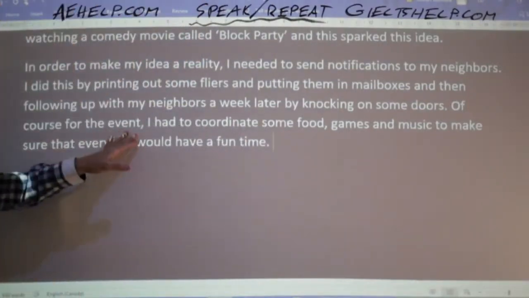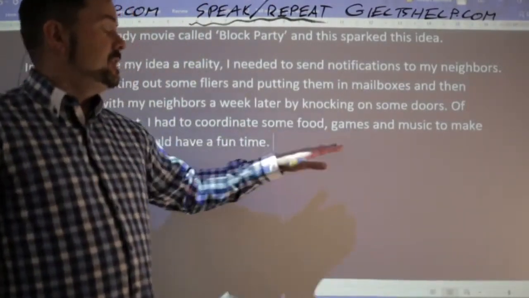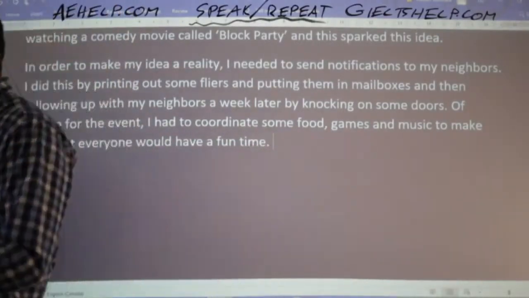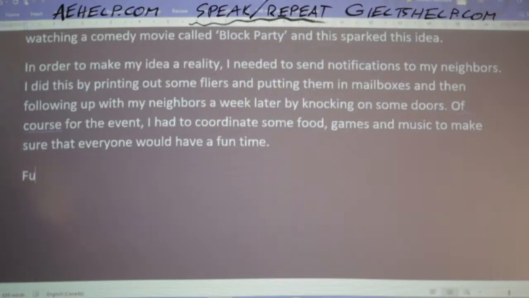Of course, for the event, I had to coordinate some food, games, and music to make sure that everyone would have fun. Fortunately, most of my neighbors were on board.